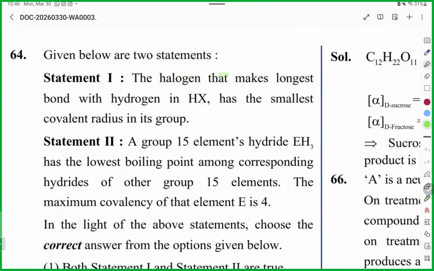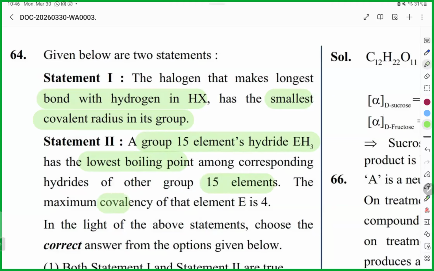Look at this. Halogen that makes the longest bond with hydrogen in HX has the smallest covalent radius. What do you think? Second, group 15 element forms hydride that has the lowest boiling point among the corresponding hydrides of the group.